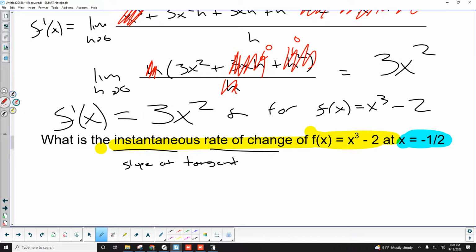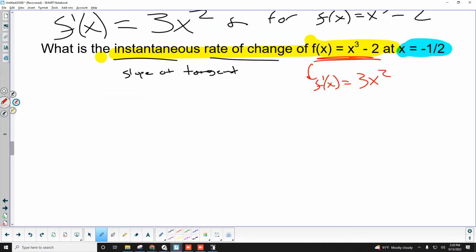Newton was like, yo, if you know the tangent slope generating equation, which he found by marrying the slope formula and a limit together, you just plug in negative a half into that. So go ahead and do that. What's the slope of x cubed minus 2 at negative a half?